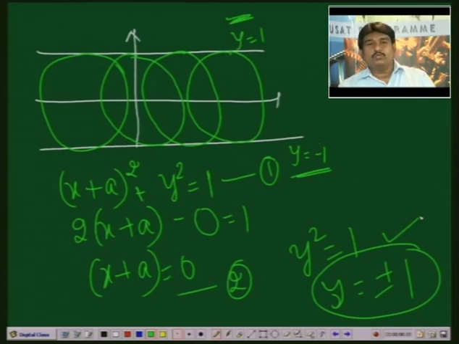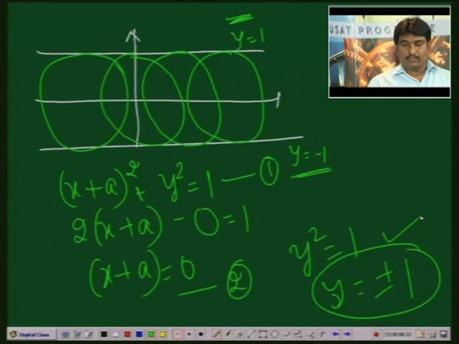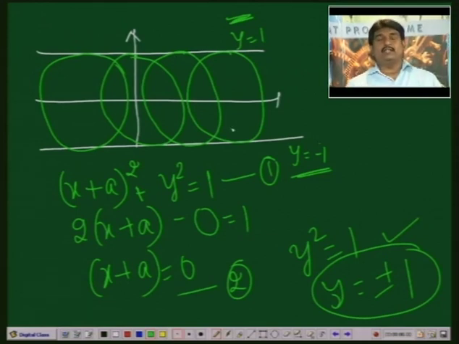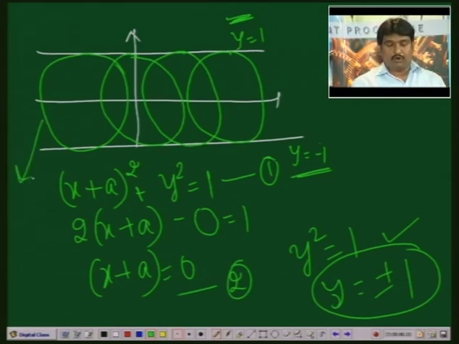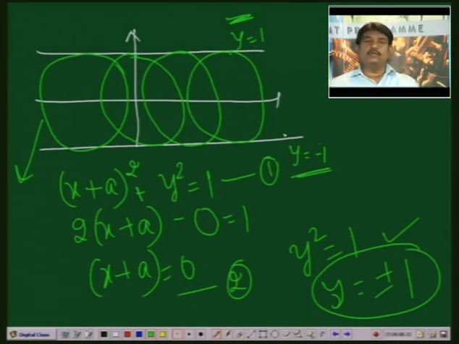So y equals to 1 and minus 1, in what way are they related to the singular solution? You can see, all members, all possible circles form the general solution. One particular member forms a particular solution, and these two lines are singular solutions of the differential equation.